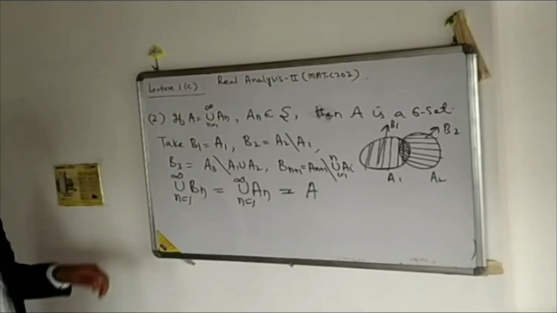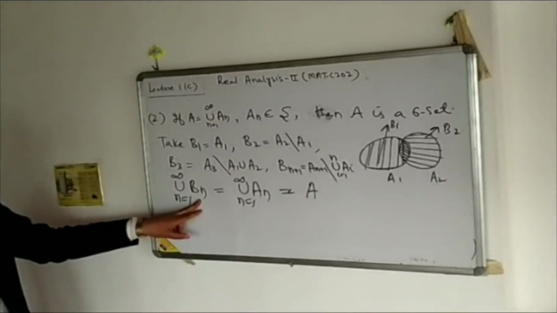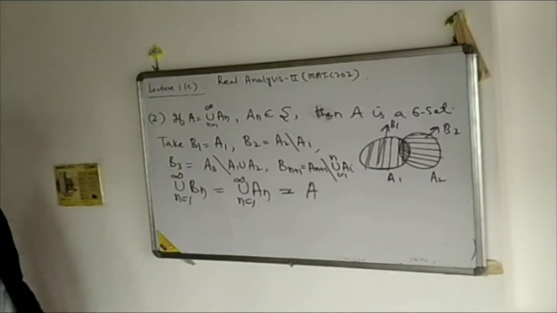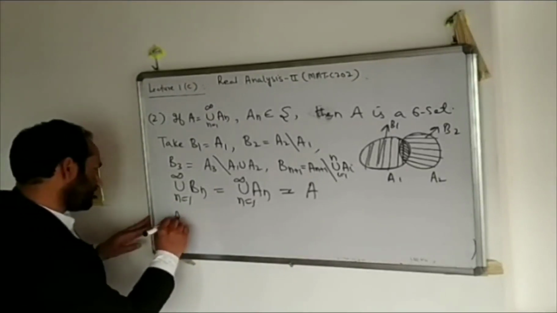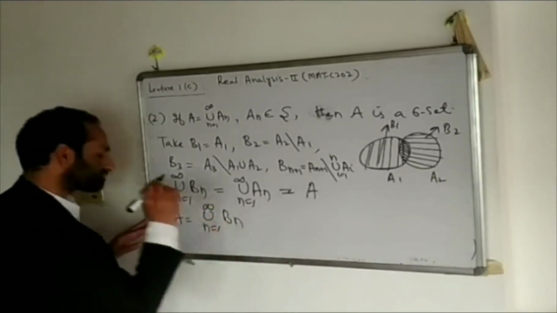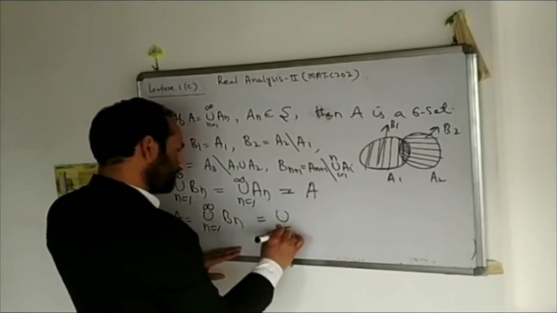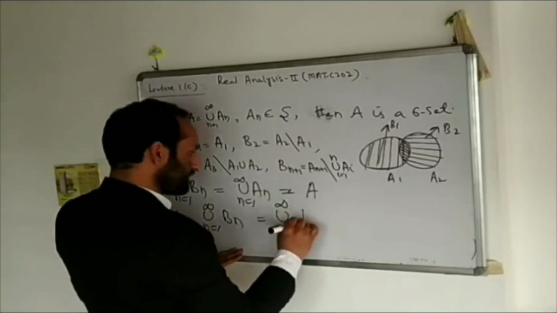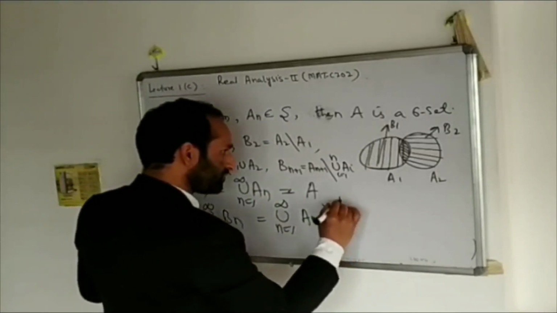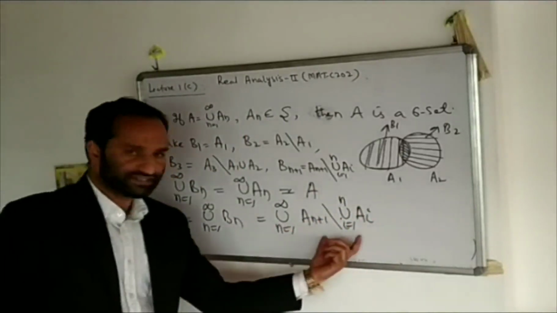Now, we have to show that A is the disjoint union of members of S. Not only a disjoint union, but these sets must be members of S. So we have here A is equal to the union of Bn, n runs from 1 to infinity, and it's equal to the union, n runs from 1 to infinity. What's Bn? Bn is A(n+1) minus the union of Ai, i runs from 1 to n. Now look at this difference.